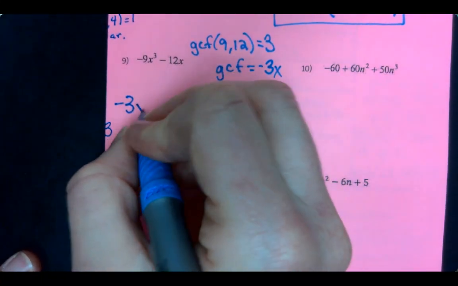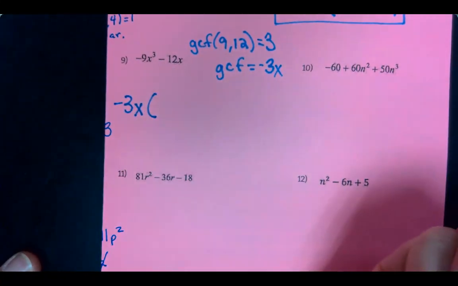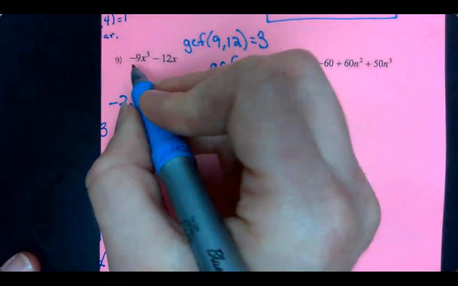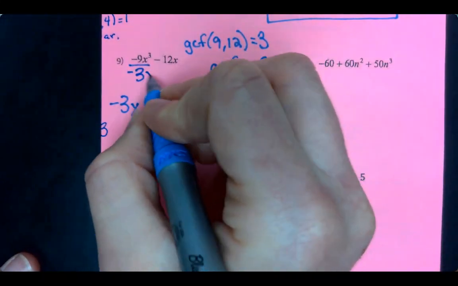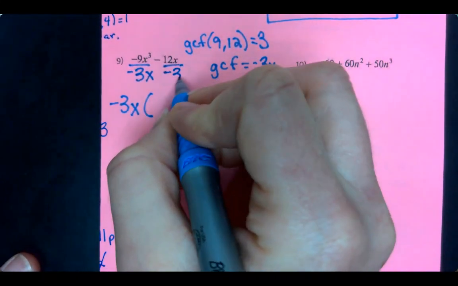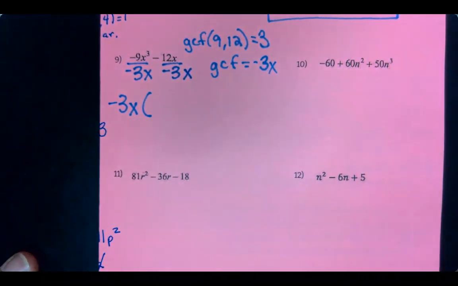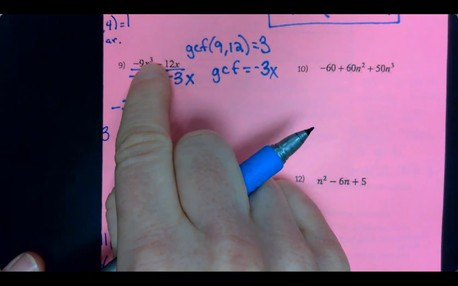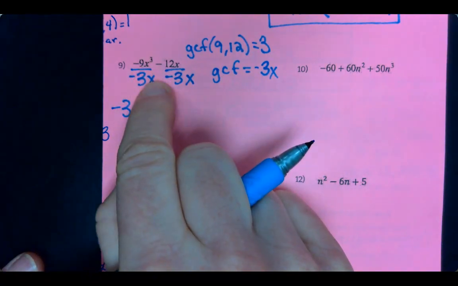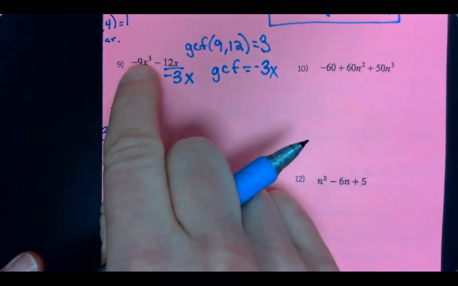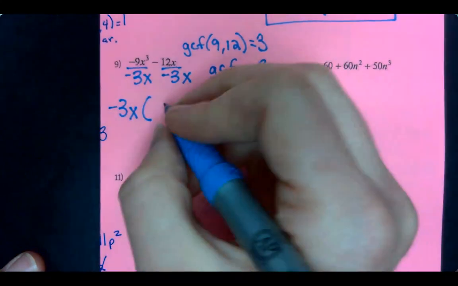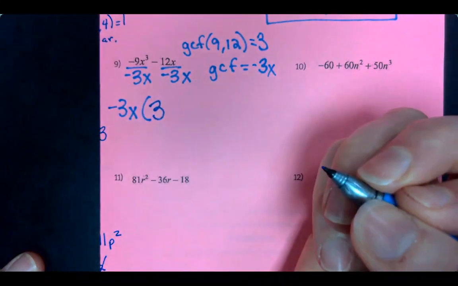Negative 3x, parentheses. We're going to divide everything by negative 3x. So you're taking an x out. So if you have x cubed, then if you take 1 out, then you only have an x squared. Negative 9 divided by negative 3, positive 3.